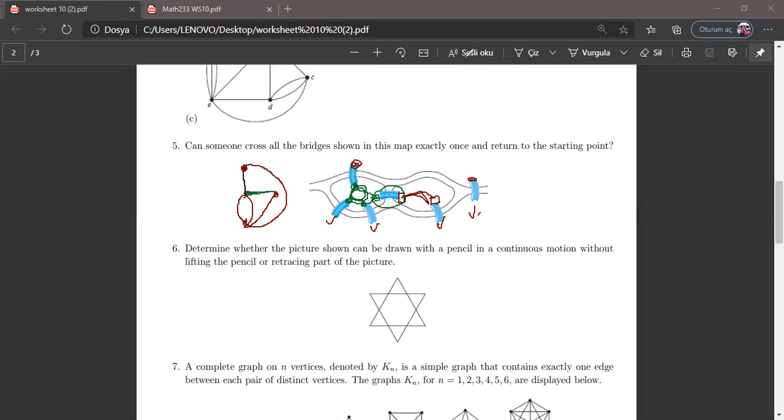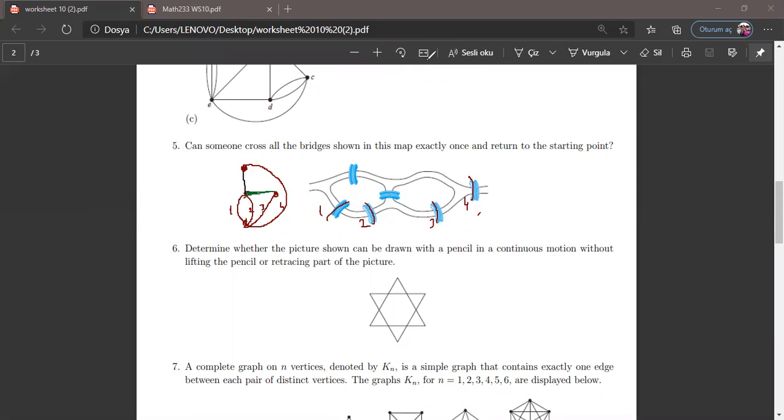Let me write them again. This and this are on here, and this one, and this one. So this is 1, 2, 3, 4, and 1, 2, 3, and 4.